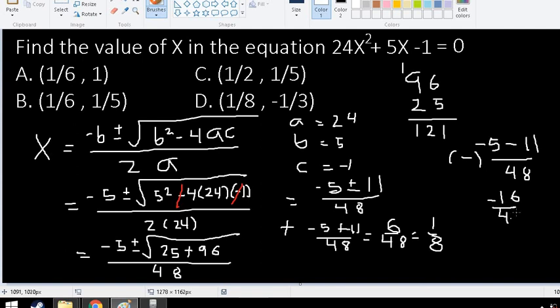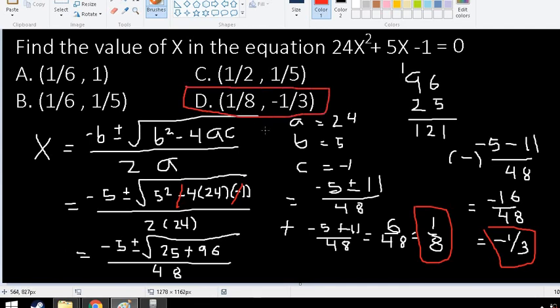You can still make this smaller. This is equal to negative 1/3. And that is the value. These are the two values for x, which is letter D.